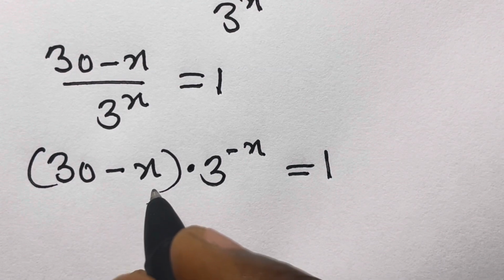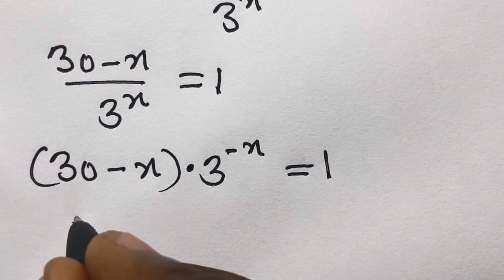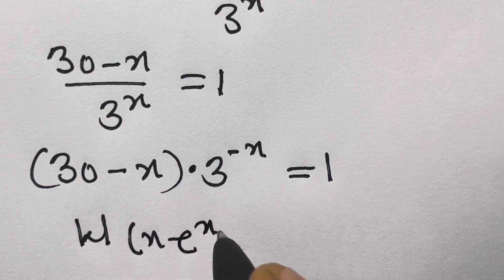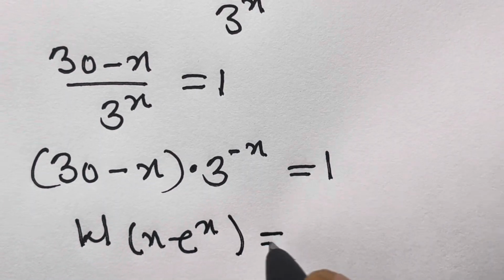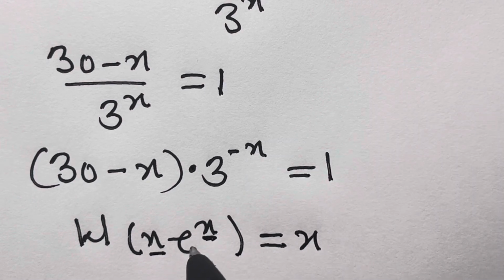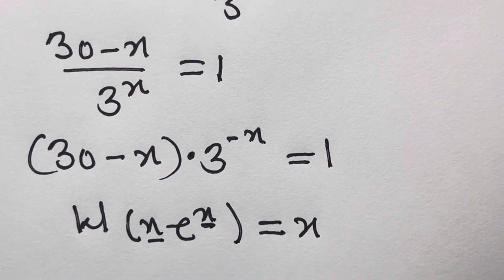So here I need to apply the Lambert function. The Lambert function is applied to an expression of the form x times e to the power x, and the Lambert function of this will be x. So we must have the base and the power the same, right? That's what we are going to do here to obtain our x.